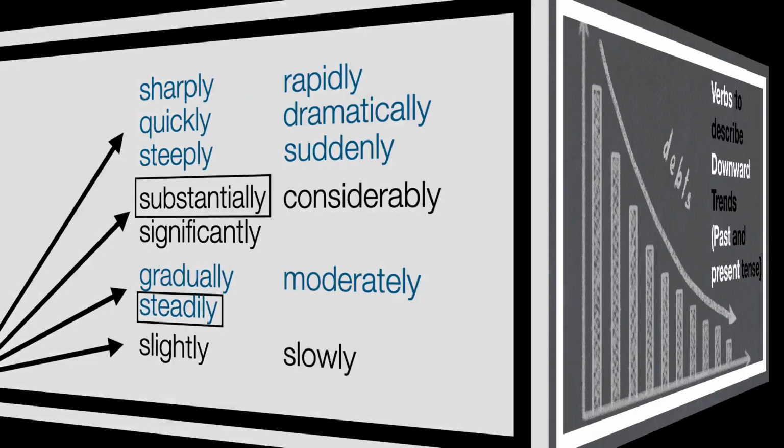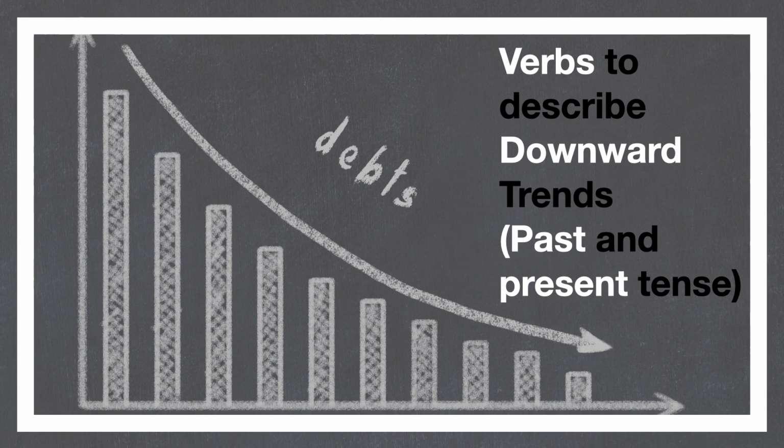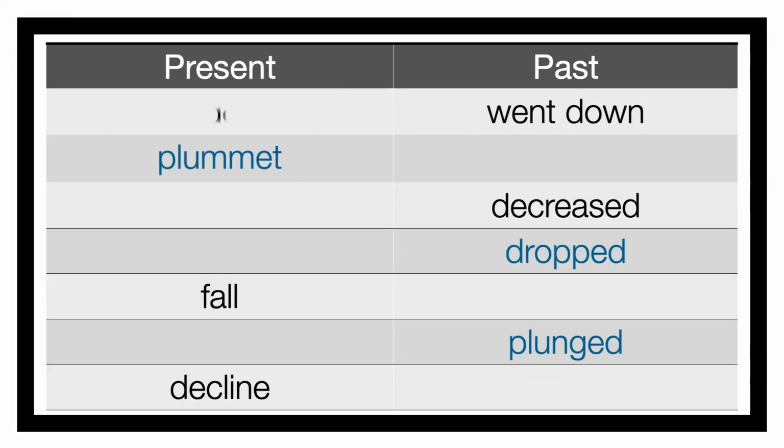Moving on, we're now going to look at the verbs to describe downward trends, past and present tense. Go down, went down. Plummet, plummeted. Decrease, decreased.